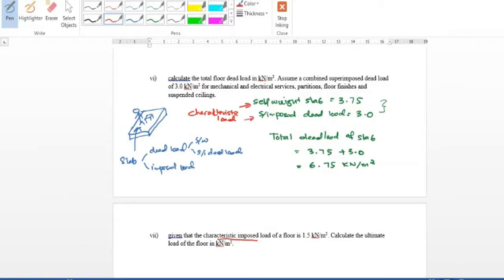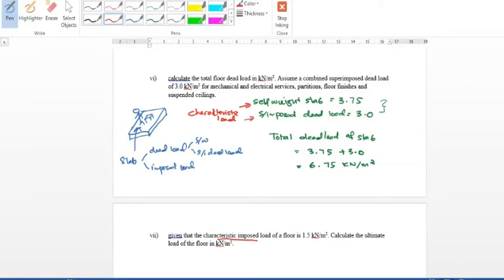Actual value. But bila kita nak construct the actual slab, we have to top up the value. Kita tak boleh nak consider the actual value, guys, because we have to consider the environmental factors which will affect the structure.